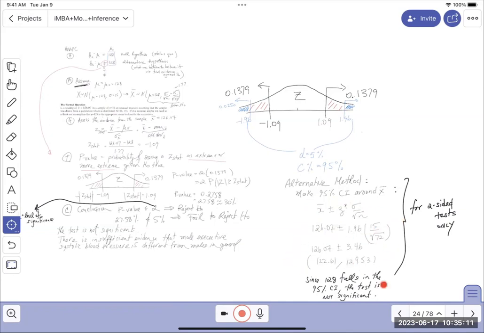And they do fall together in this case, so there's nothing different about them. So you would say the test is not significant, and the same conclusion. There's insufficient evidence that male executive systolic blood pressure is different from males in general.